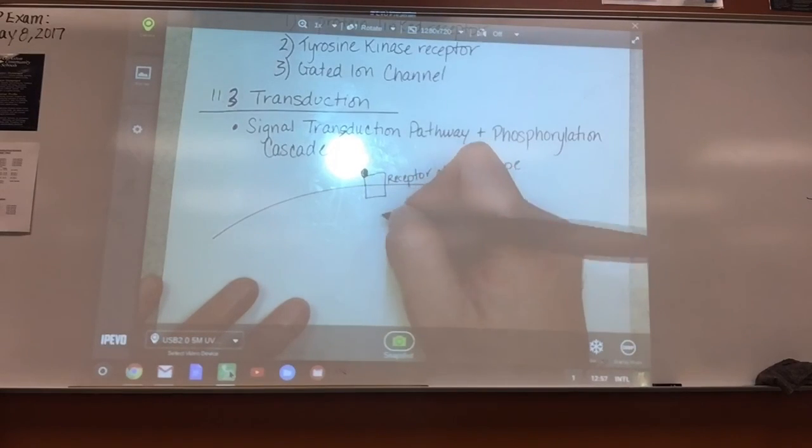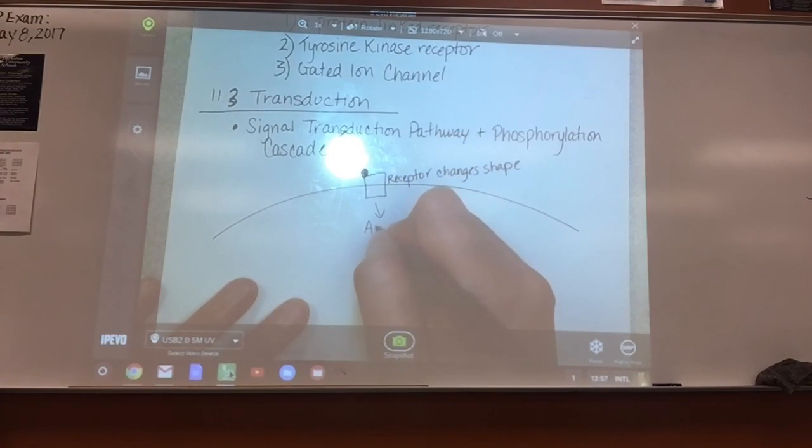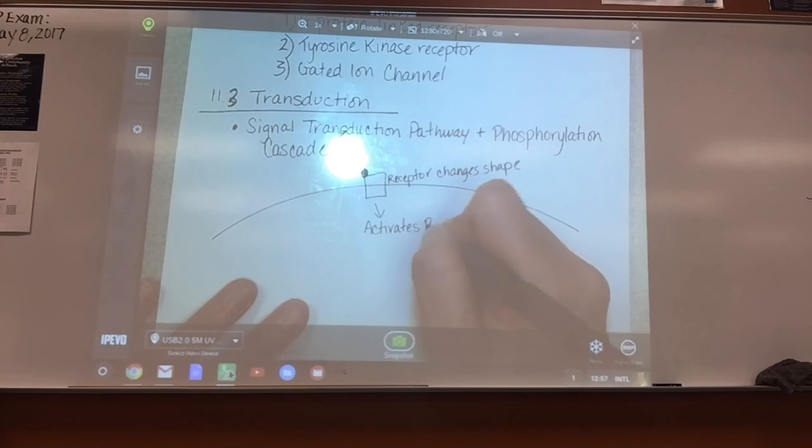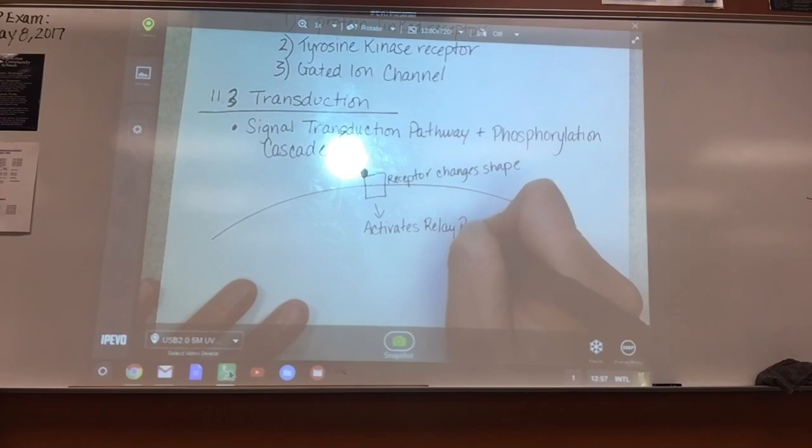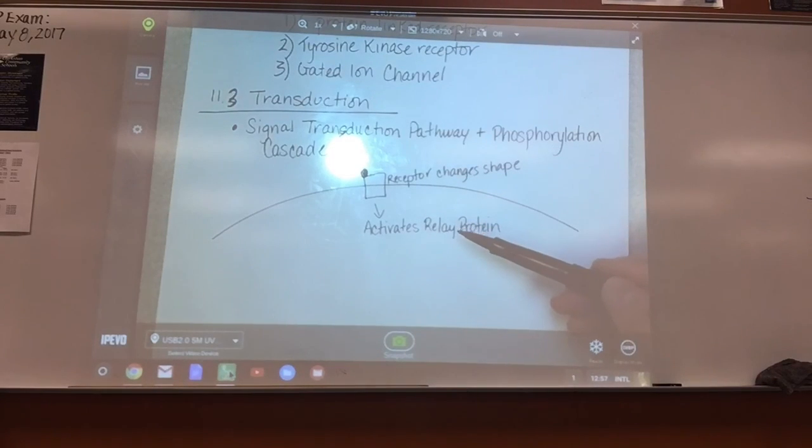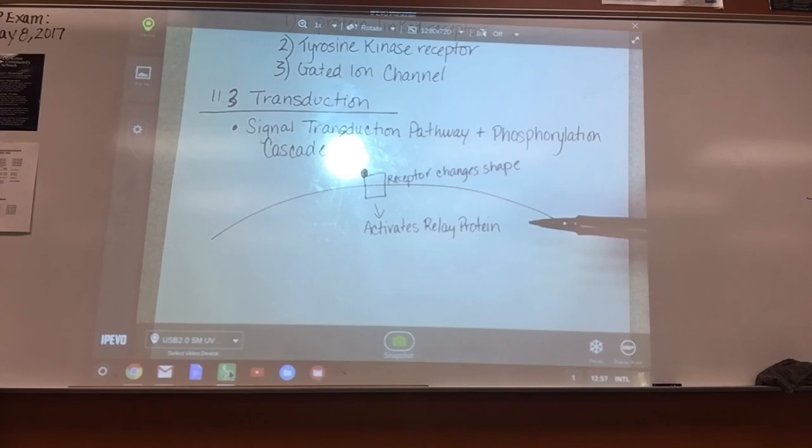Because the kinase is going to add a phosphate to it. So here's your phosphate attached. To add the phosphate, it had to use ATP, right? So when we use ATP, we take off the phosphate and we end up with ADP. And now this enzyme at the very end is active, and it is going to do something in the cell that's going to lead to your response.